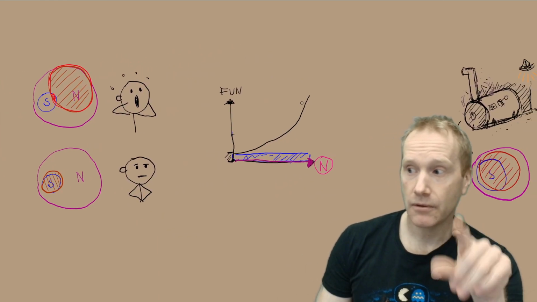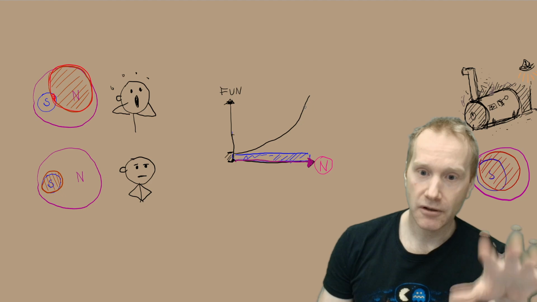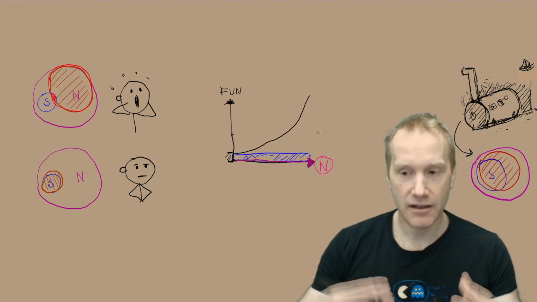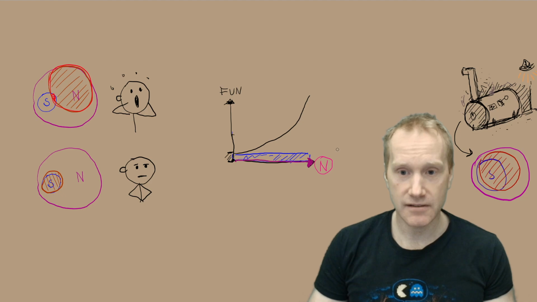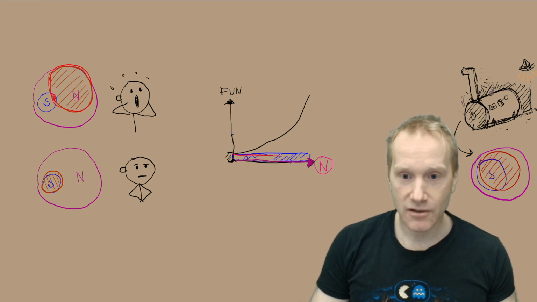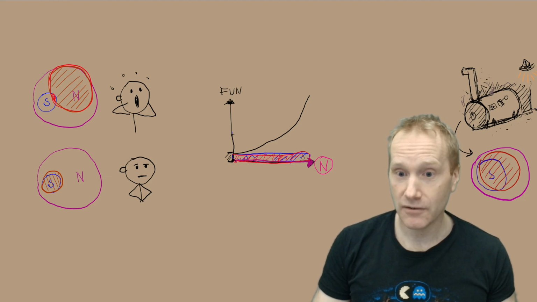And remember that diagram I had before on the fun level and the safety net of the system? Now the systems have a very low safety net. You don't really have a lot of safety.